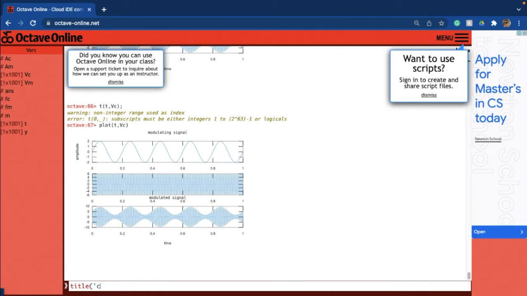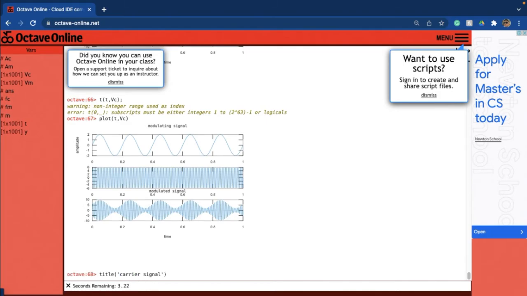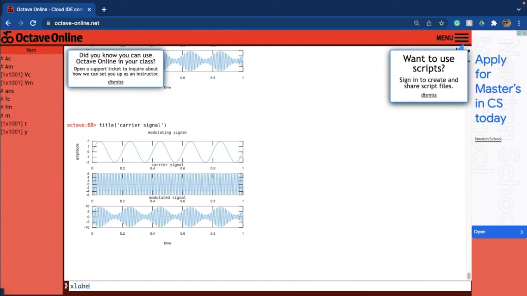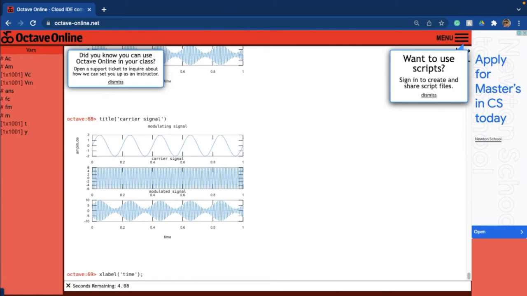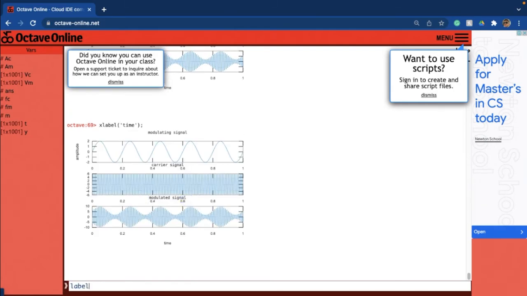That is carrier signal. Okay. Title. X label. X label, time. And Y label. The graph is incomplete without the labeling, so never miss the titles and labels. Amplitude. Right, now we're done with this.